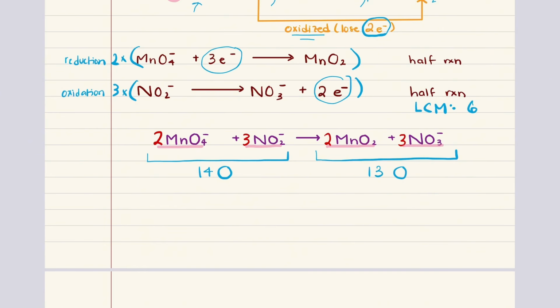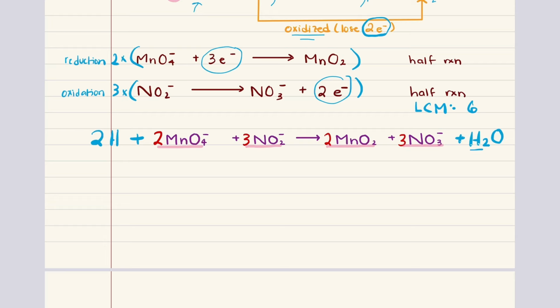So the right side is missing one oxygen, so we will go ahead and add one water molecule to the products to fix that. So that fixes the oxygen count, but it also introduces two hydrogen atoms on the product side that we have to account for. So to balance those hydrogen atoms, we add two hydrogen ions to the reactant side.